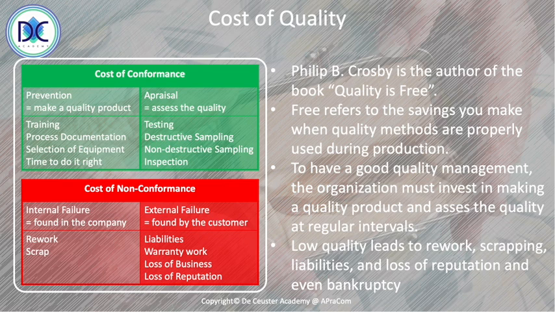I think at the moment I'm making these presentations, we have the issues with Boeing and the blowout of one of those panels in an airplane. And now we see that, in terms of the cost of conformance, they didn't do everything right. There are a lot of issues that happen. But the problem is that they got an external failure, which puts a lot of scrutiny on the Boeing company today.